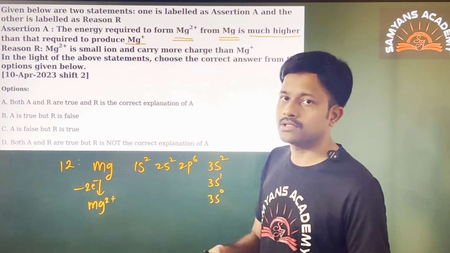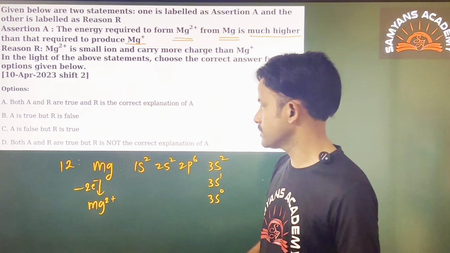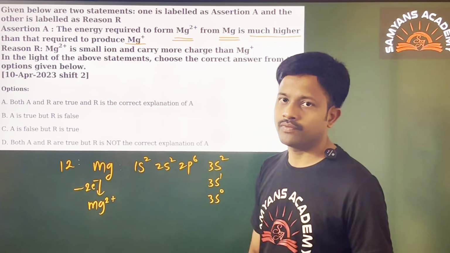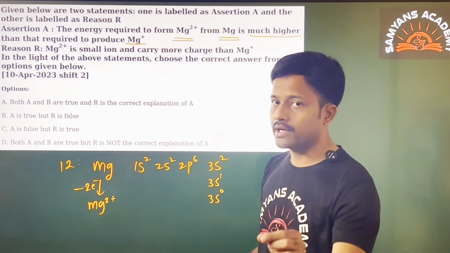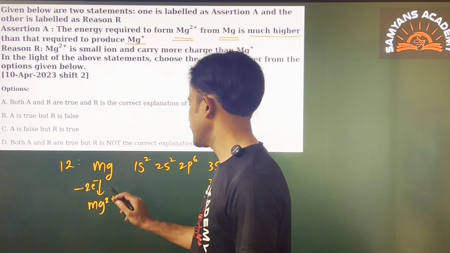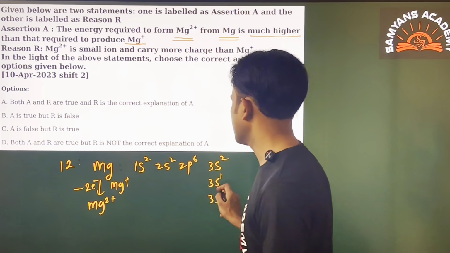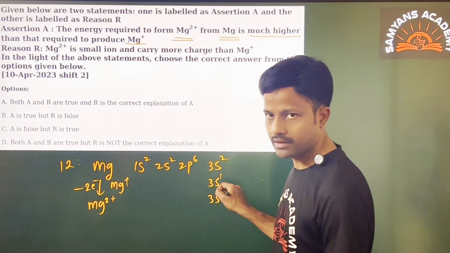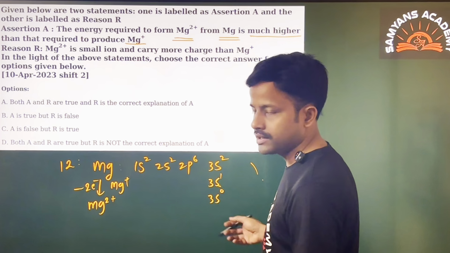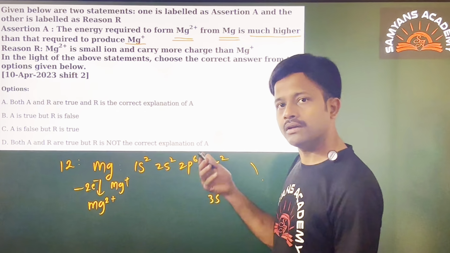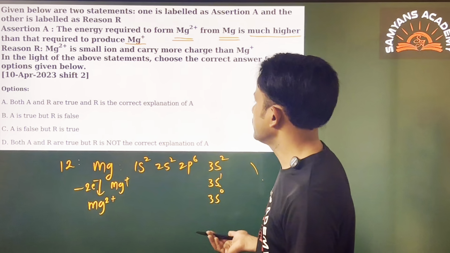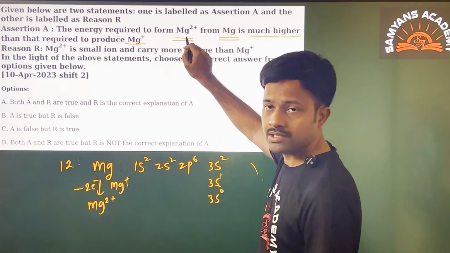We need more energy to remove the next electron. This means magnesium to magnesium 2+, for removal of 2 electrons, requires more energy compared with magnesium +. Now you see, in between, magnesium + will come. After removal of 1 electron, 3s1 will come, right? So as the removal of electrons increases, the size decreases and energy increases. This means the given statement is correct.